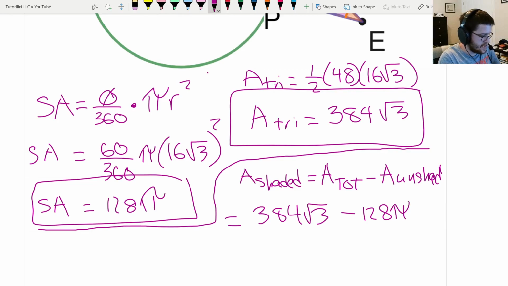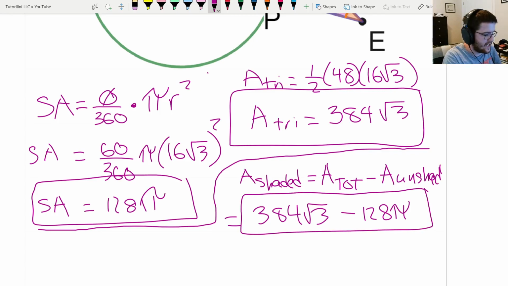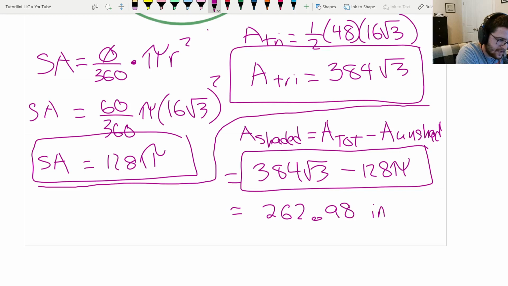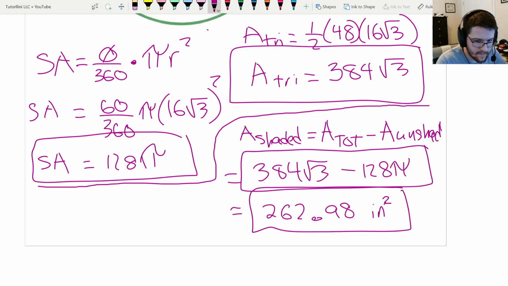And let's see what we get here. That would be our final answer because it says to use exact numbers, but on the SAT they would probably just give it to you like multiple choice. So I'll round this to the hundredths. It's 262.98, and that would be square inches.